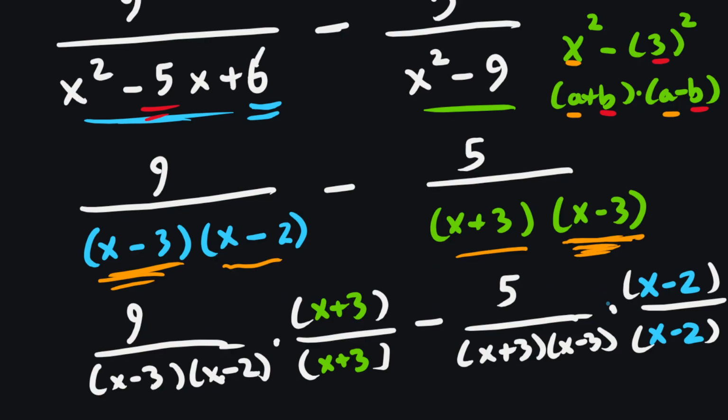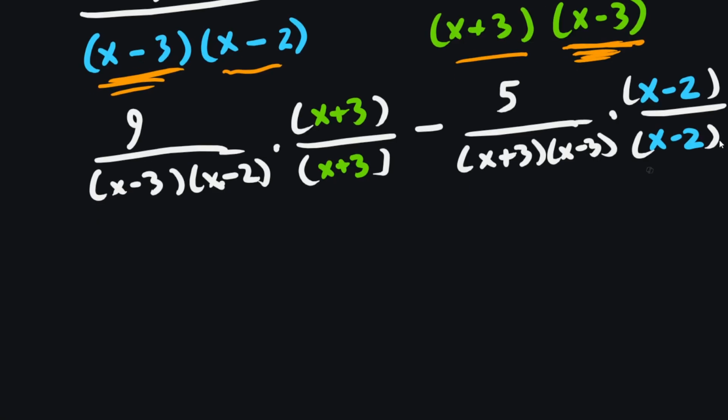So we're going to multiply the top and bottom of both those fractions by those. So 9 times x plus 3, we could distribute, but just to keep it simple, I'll leave it in the parentheses, over this entire thing right here.